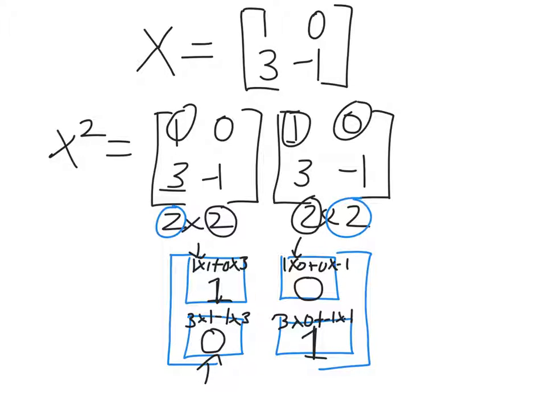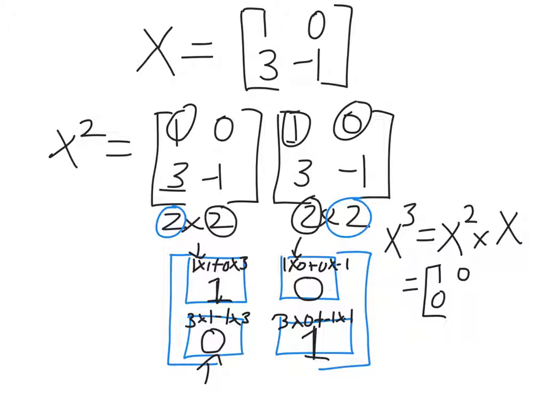And remember, we talked about the identity matrix is special because if you multiply any matrix by this, then it doesn't change it. So let's say we wanted to figure out x cubed. Well, using our index laws, that's just the same as x squared times by x. So we know what x squared is. We know that it's 1, 0, 0, 1.